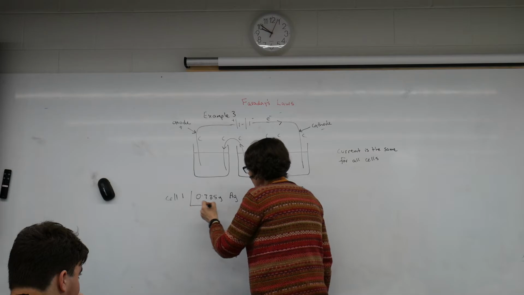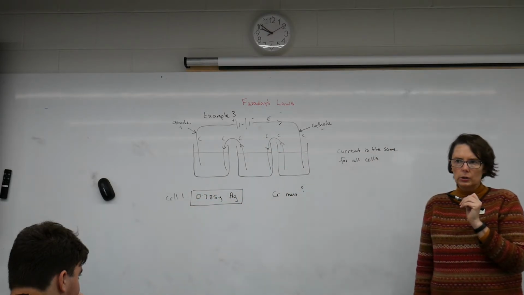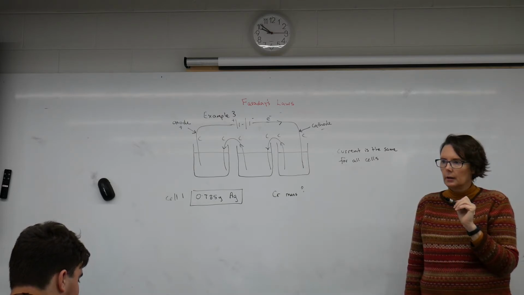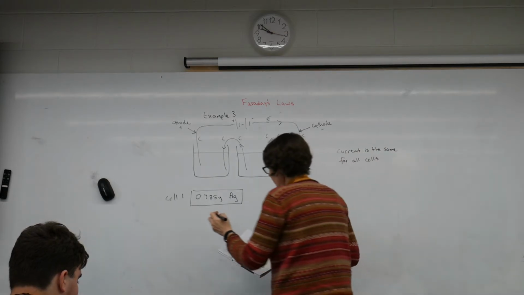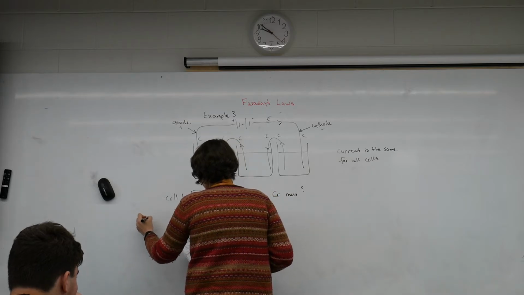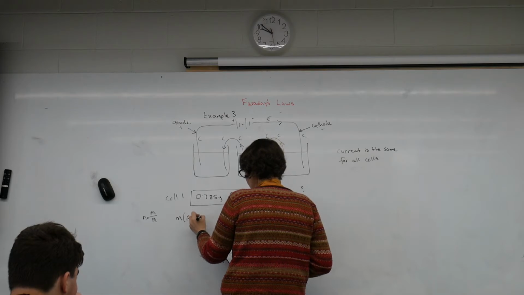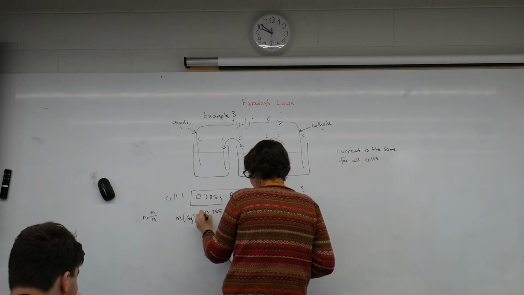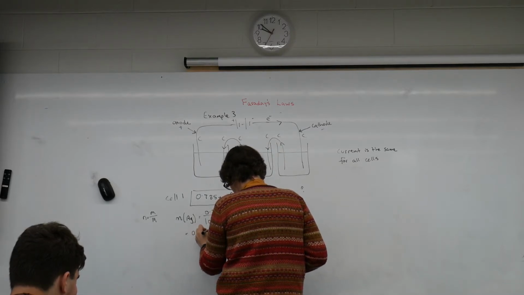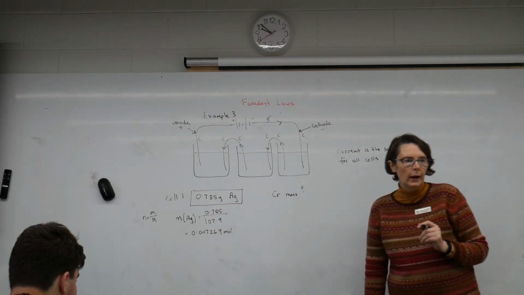Now, the information we've been given is a mass. So what are we going to need to do as our first step? Moles. So n equals little m on big M, or the sample mass divided by the atomic mass in this case. That's how many moles we have.